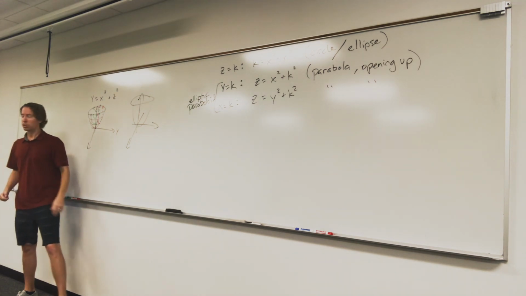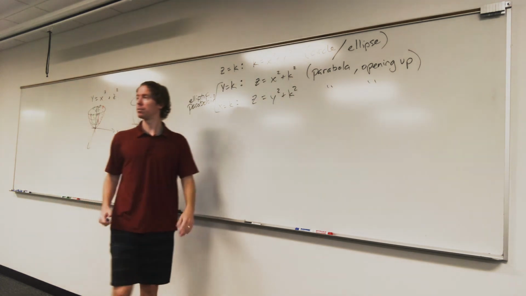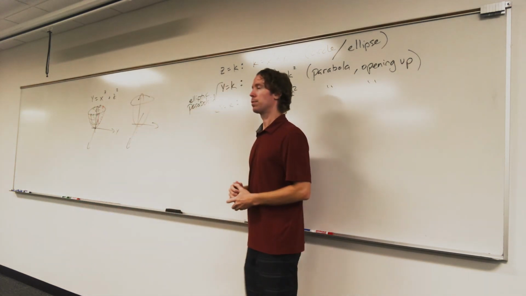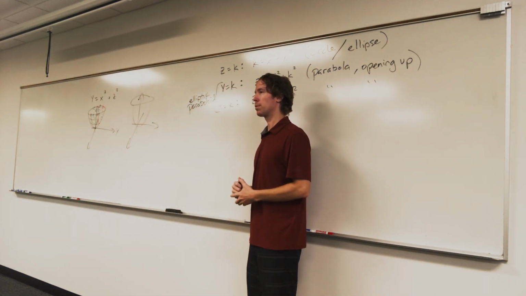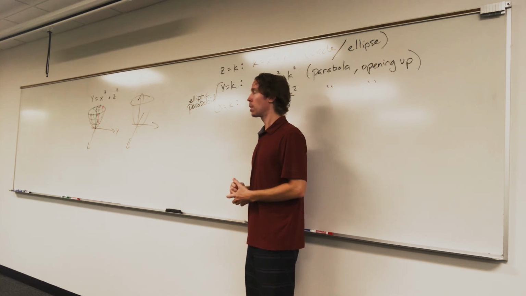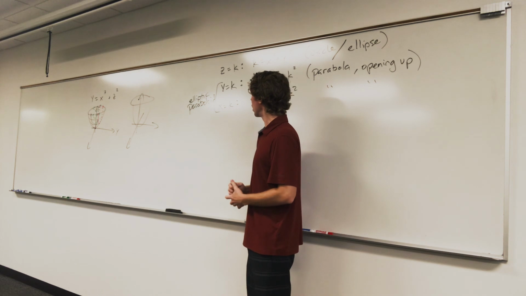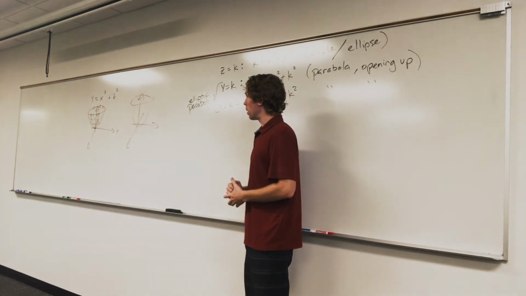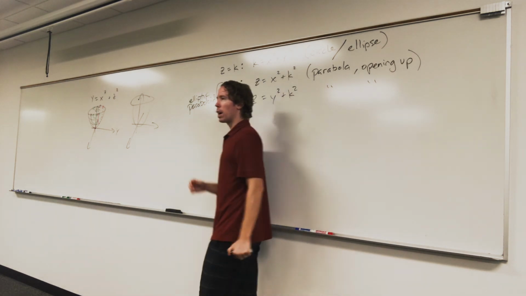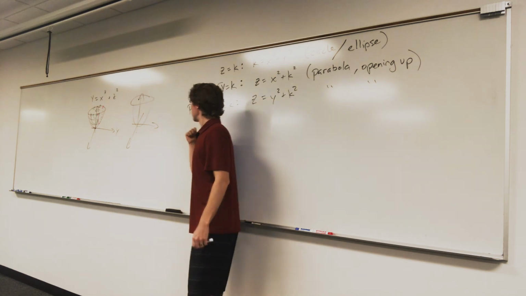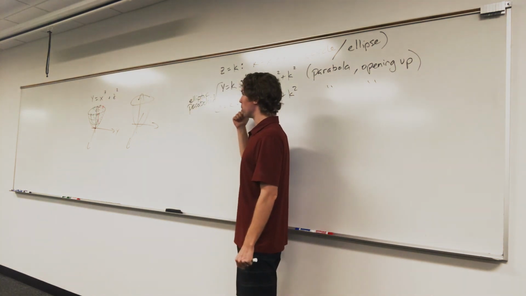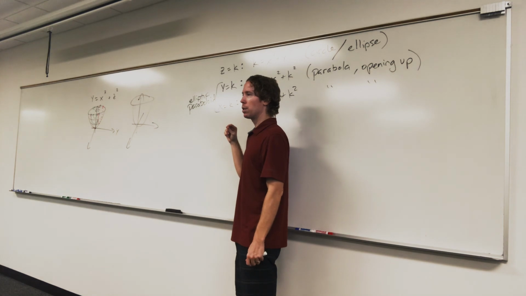All right, so, yes? When you're trying to find the traces, should we set y and x equal to 0? That's a good question. I think in all the solutions that I gave you guys, I set them all equal to 0. Setting them equal to 0 gives you some important information.